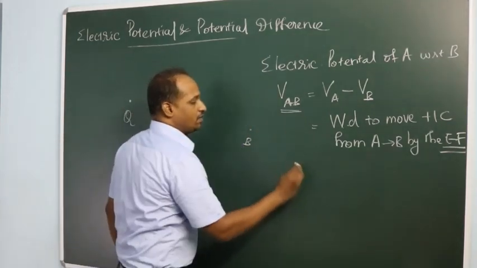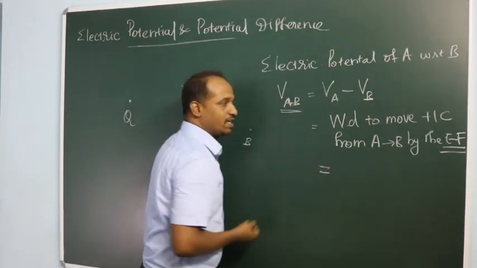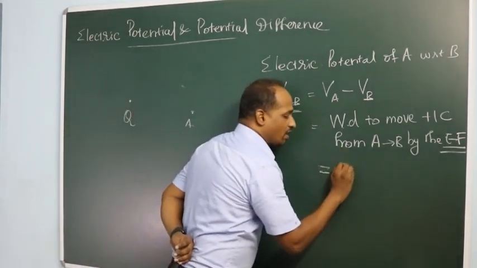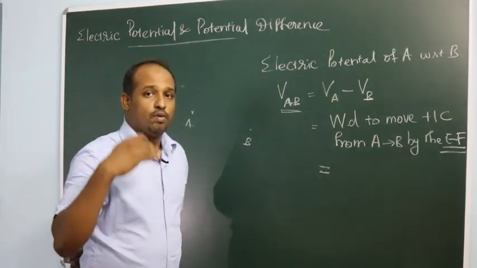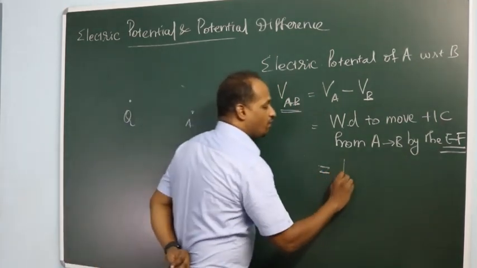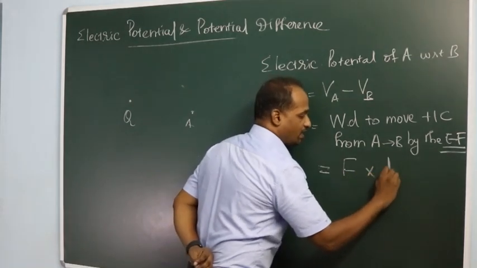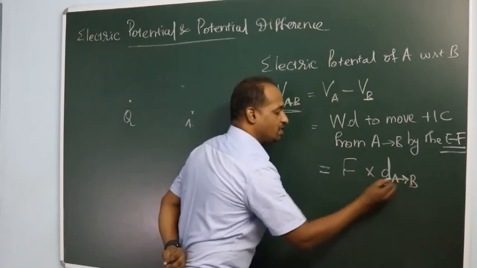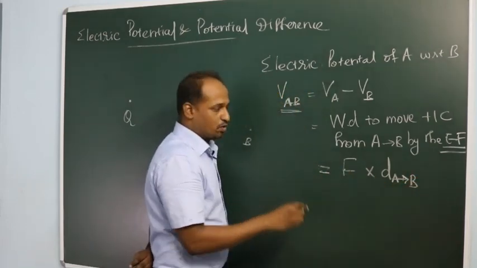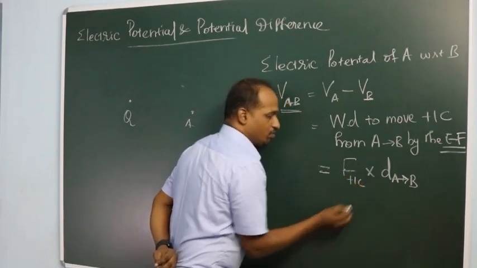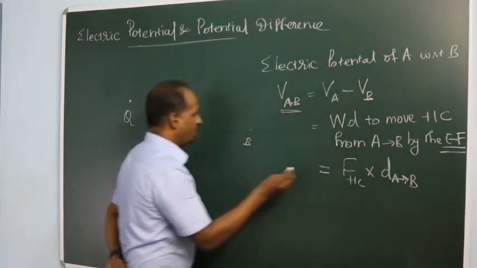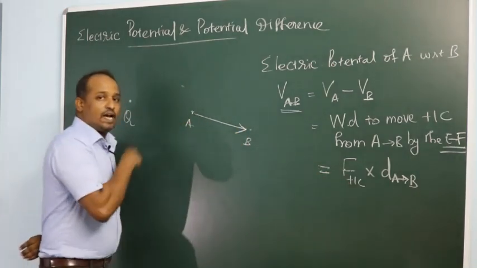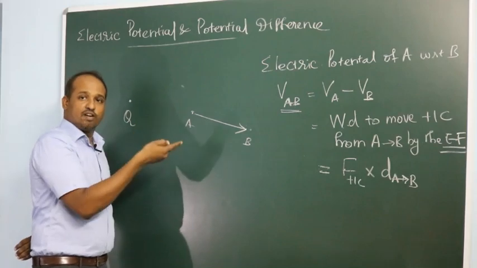The electric field. So what is work done? Work done is force into displacement. Here, you need to move plus 1 coulomb charge, so it is the force on plus 1 coulomb charge into displacement from A to B. The force on 1 coulomb charge by this point charge is called the electric field.